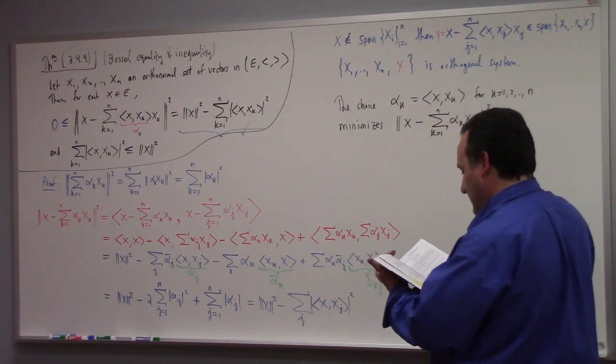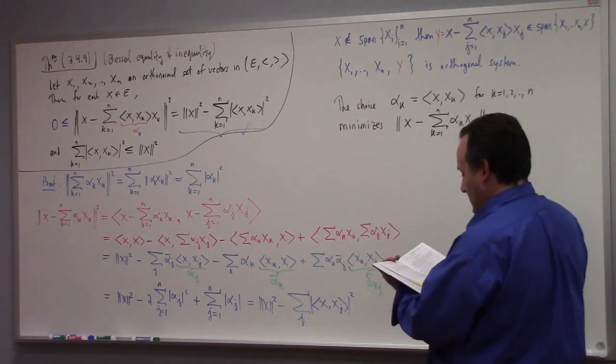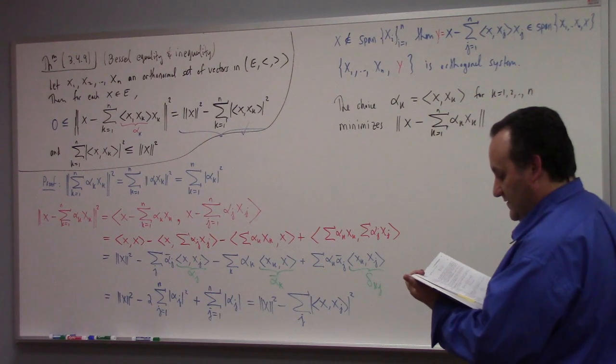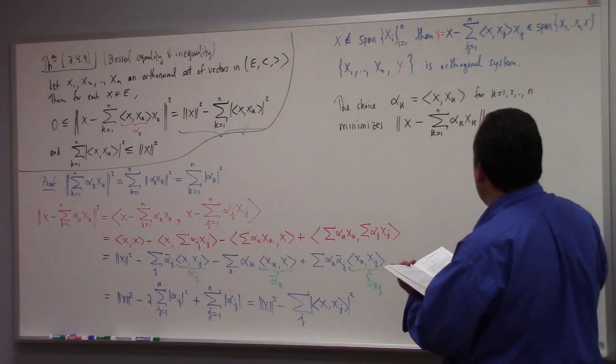Well, you don't have to have the square there, right? So, therefore, it provides the best approximation of x by a linear combination of vectors x1 through xn.